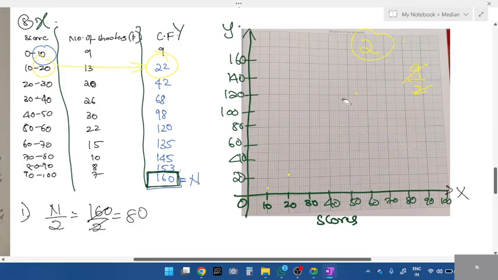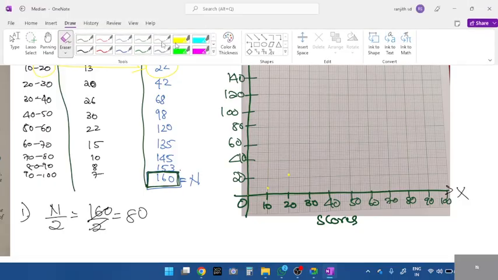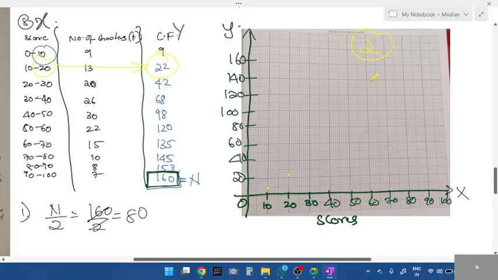X-axis, everything is 1. Next, tell me the next one, all of you, 42. How do you plot 42 students in the y-axis? 40 plus 2. Divide this 2 by 2. What is the value? 1. After 40, how many lines? One line. For 68, 60 plus 8 or 60 plus 4? 68 is given.